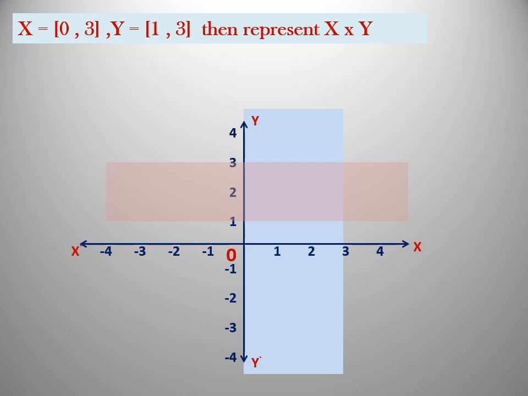The common area here, or the intersection area between the interval of x and the interval of y, is called the Cartesian product of x crossing y.